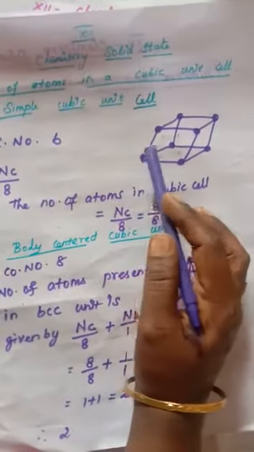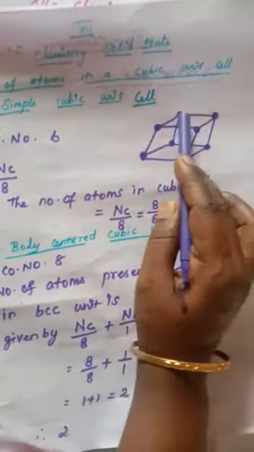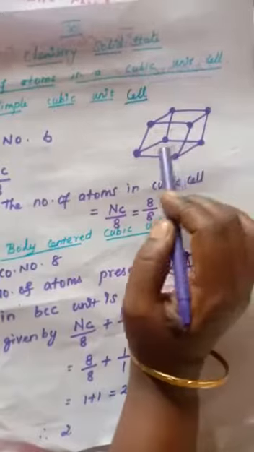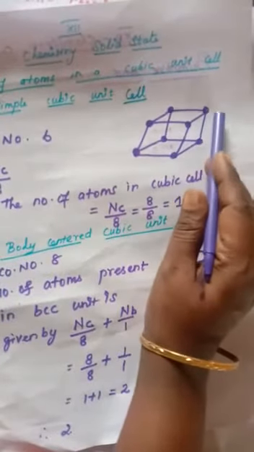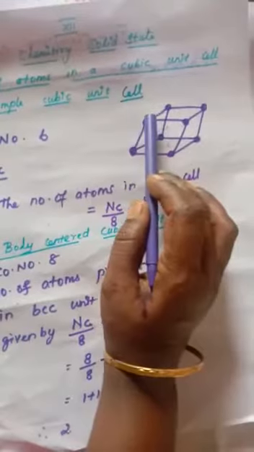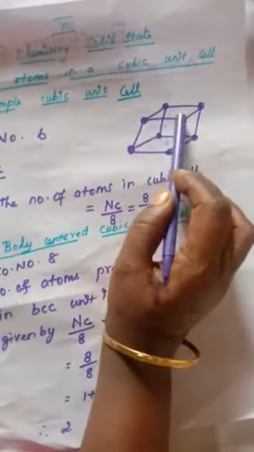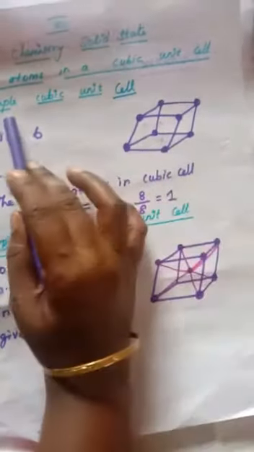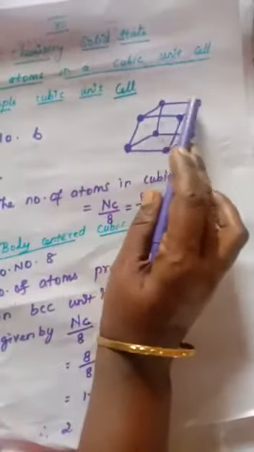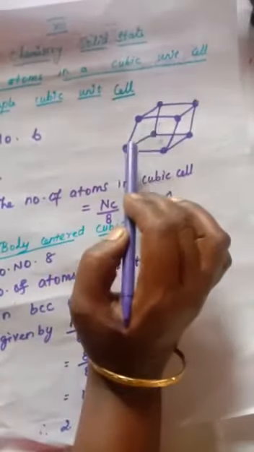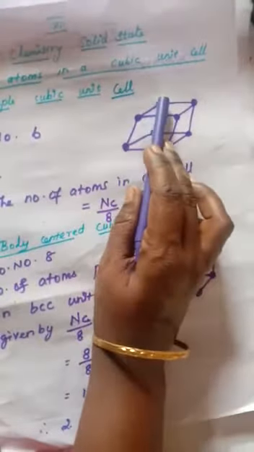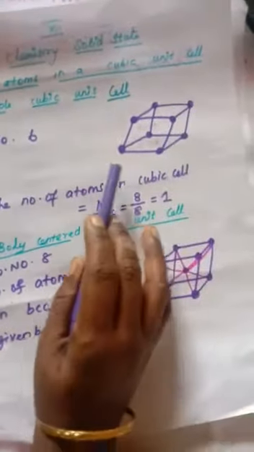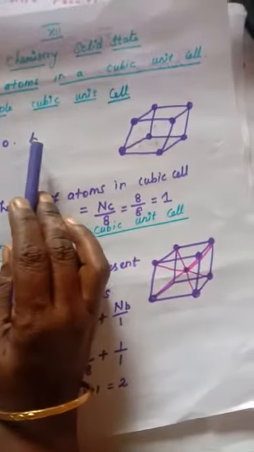In this unit cell, each corner is occupied by an identical atom, or you can say ions or molecules, and they touch each other along the edges of the cube, and they do not touch diagonally. So here the coordination number is 6.